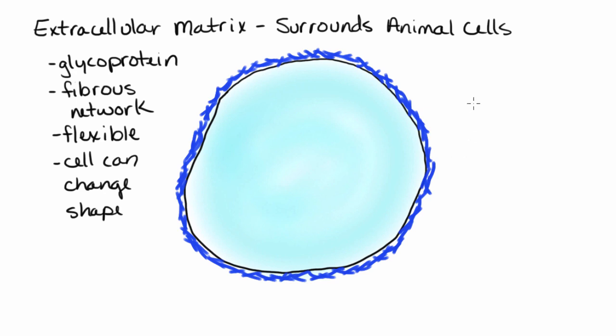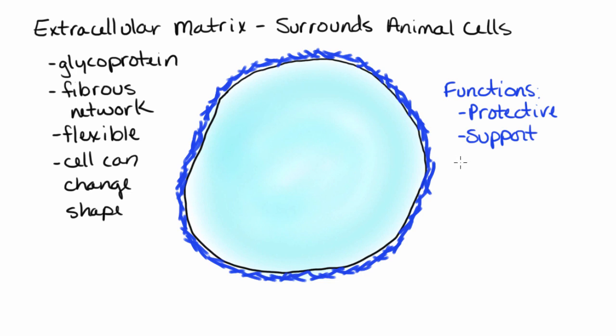If we look at the overall roles that the extracellular matrix is going to play for the animal cell, or in other words, if we look at the functions of the extracellular matrix, one of the primary roles is going to be that this is going to serve a protective function. And so protective because, again, it's an extra coating around the outside of the cell. It is going to give extra support to the cell.